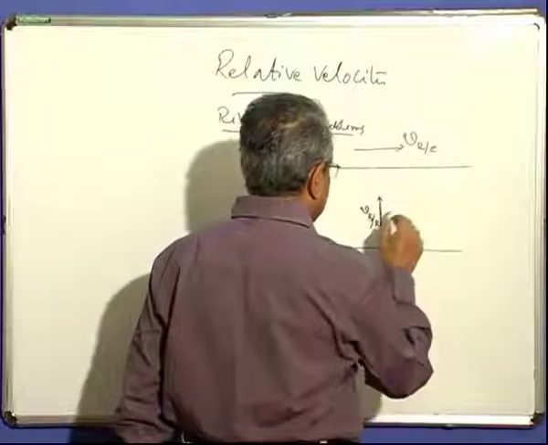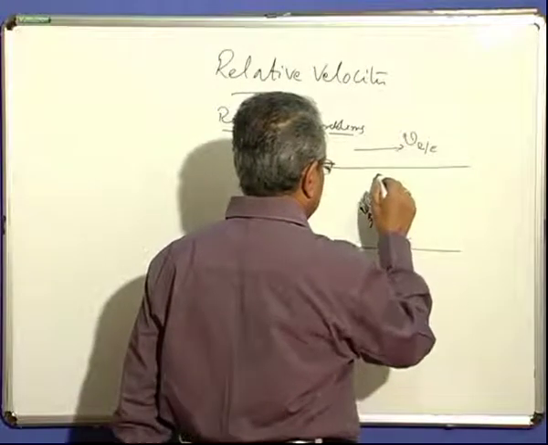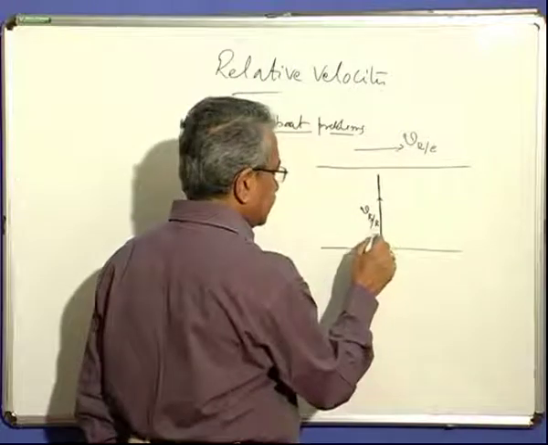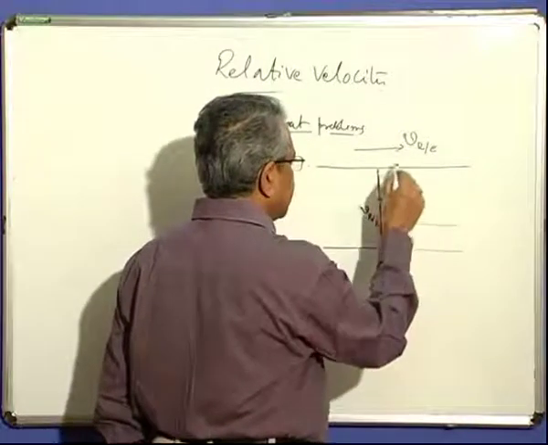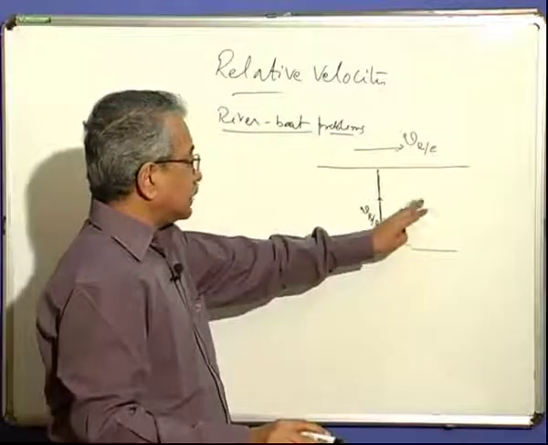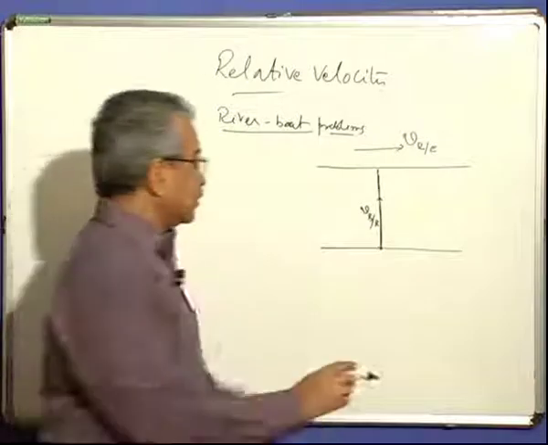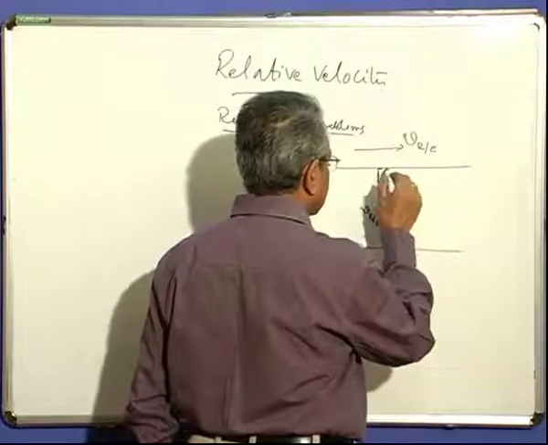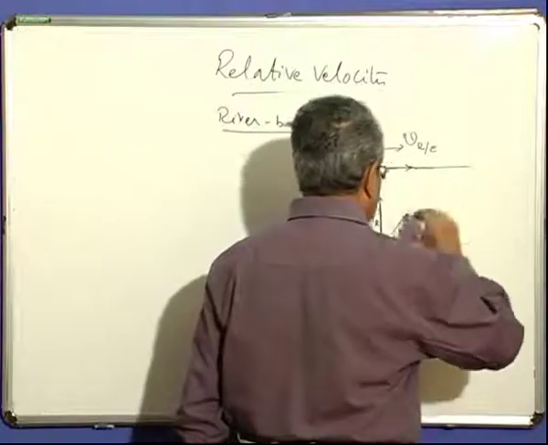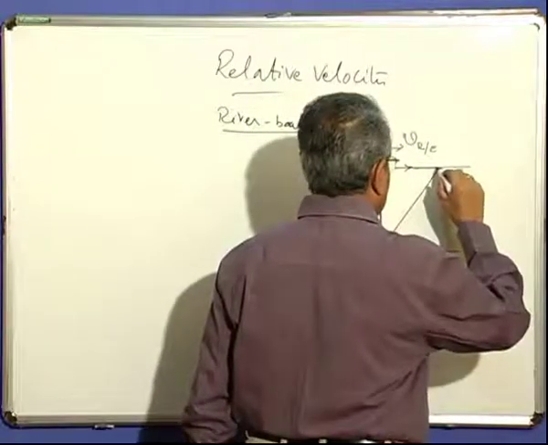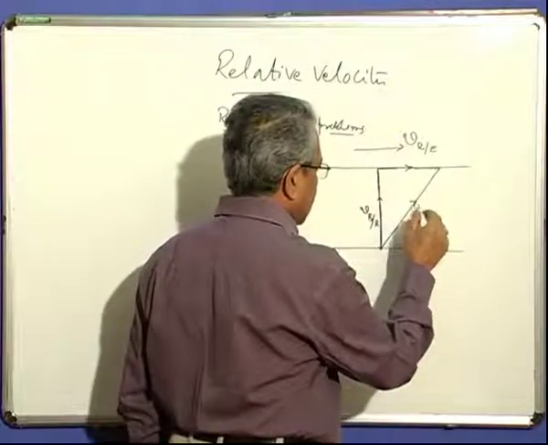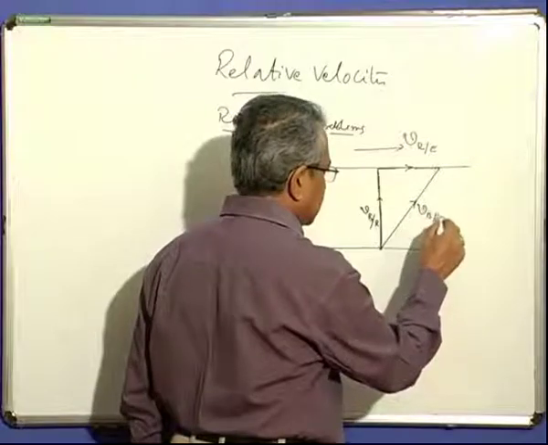So what happens? We have given just now the notation that velocity of B with respect to R is equal to velocity of B with respect to the ground, that is earth, plus velocity of river with respect to that also. So this velocity of the river, this plus that will give you the velocity of the boat with respect to the earth.